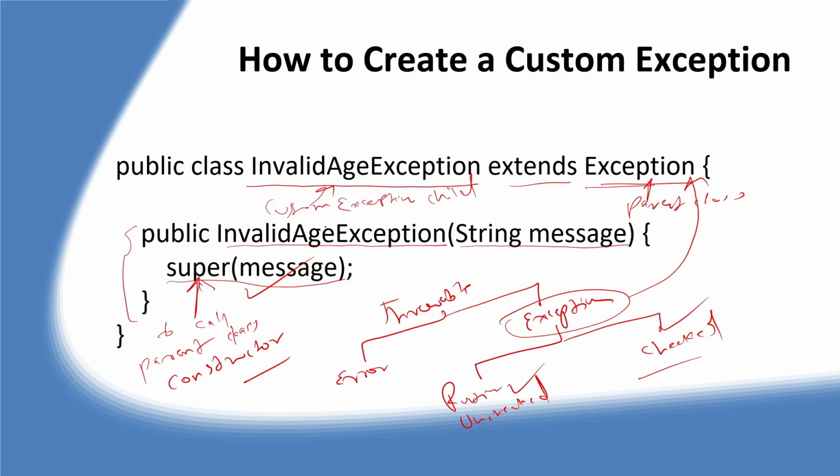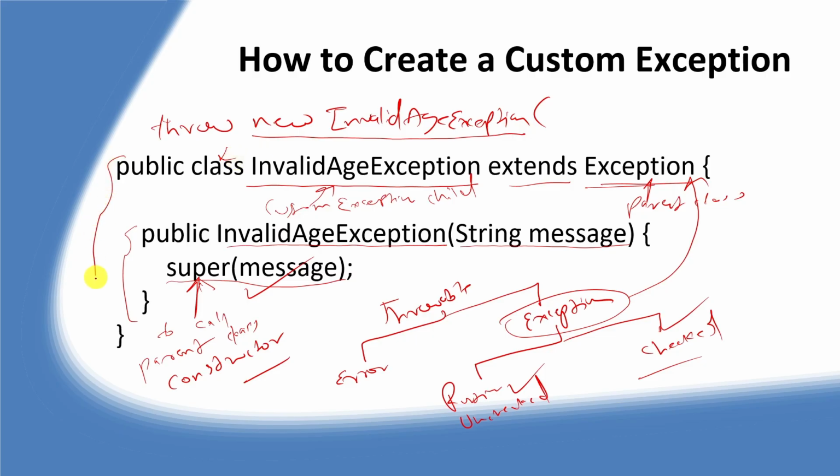So whenever we create an object of this class, let's say we throw a new InvalidAgeException, we are creating an object of the class we have defined, and we are providing some message here.